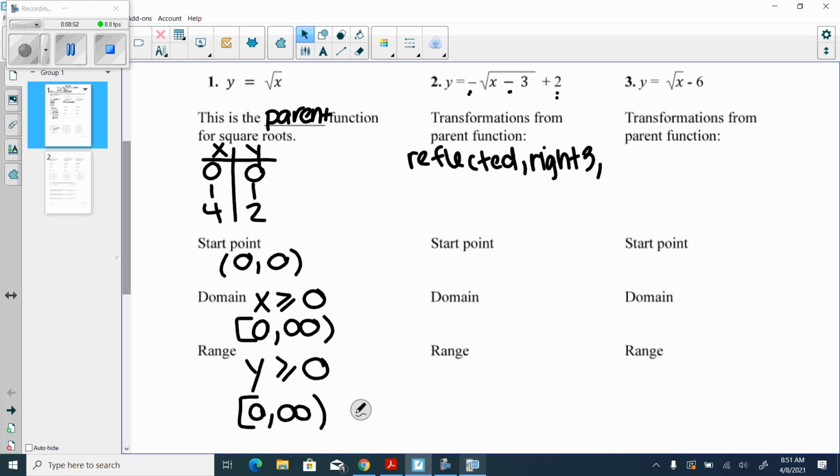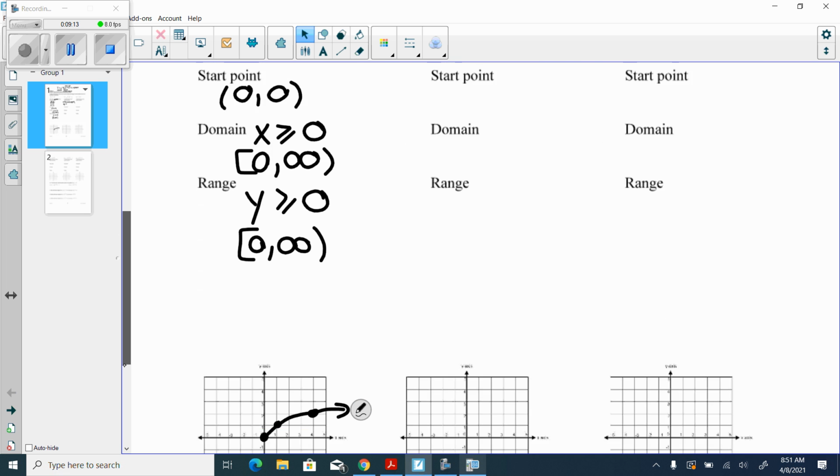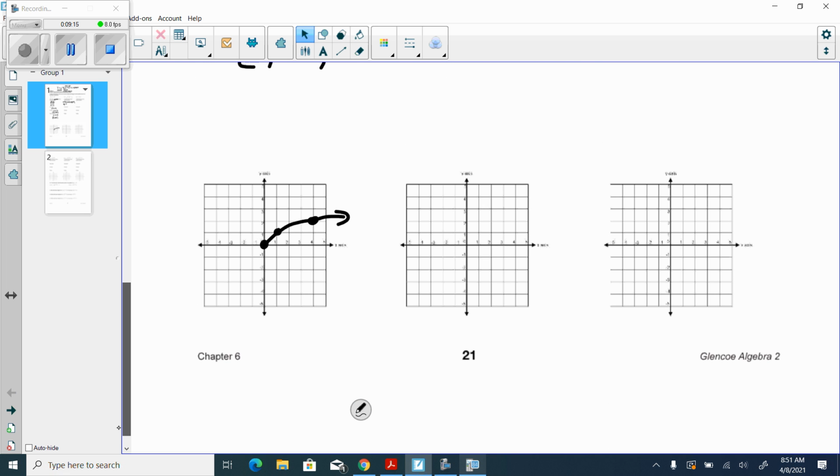And then lastly, I have this plus 2 out here on the end that is not inside with x. And that moves things up and down. So I would put that it also moved up 2. Okay. So since we know that this is what the original looks like and it starts at 0, 0, I'm just going to make all the changes we just talked about to that specific point.